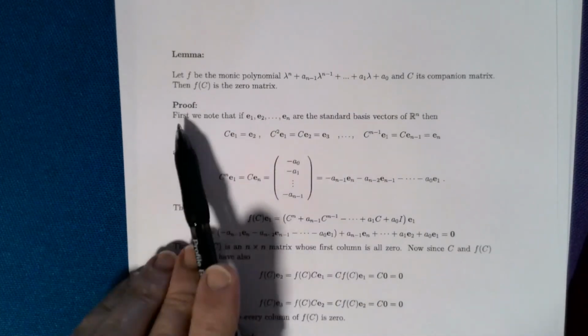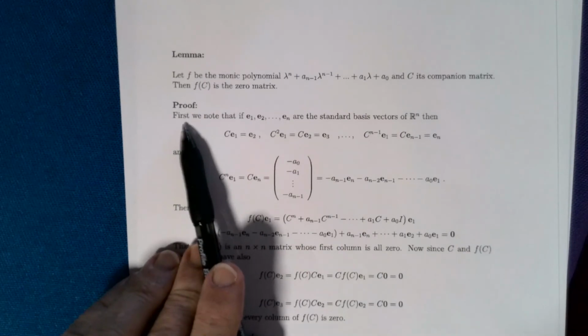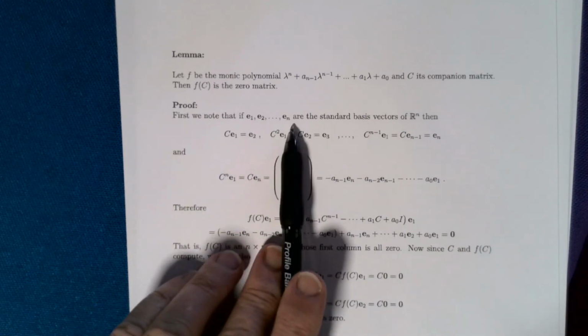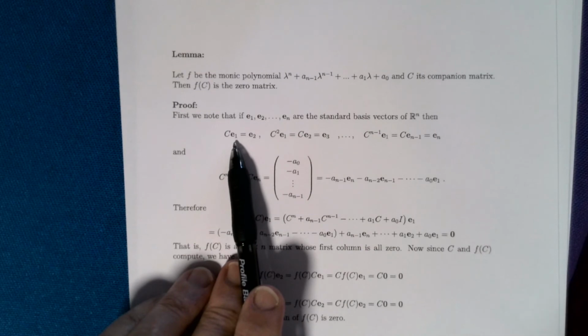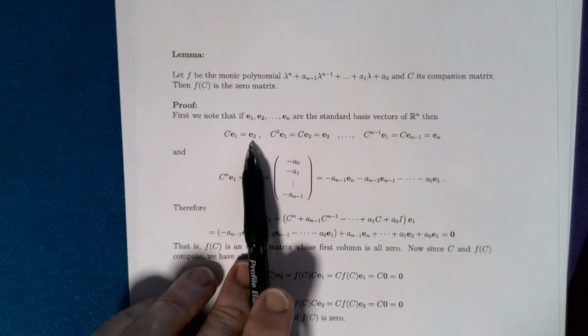So first of all, remember the way we constructed these. We take the standard basis vectors, and we saw that the first column of C is E2. So if I multiply C by E1, the first basis vector, that's going to pick out the first column of C, and the first column of C was E2.